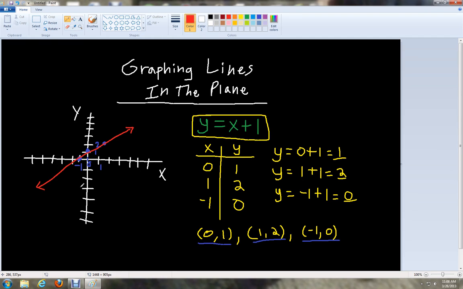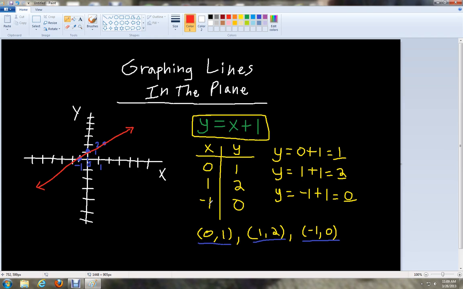As you can see, on this line, when the values of x get larger, the values of y also get larger. When we plugged in x is 0, we get y equals 1, and when x is 1, y equals 2.